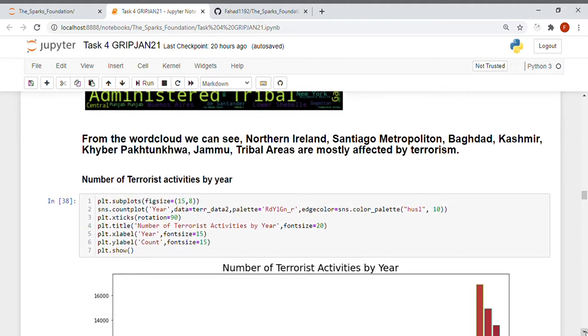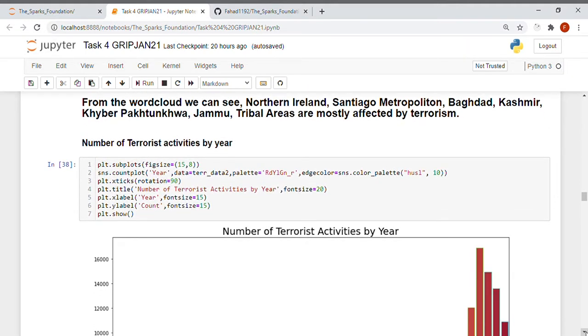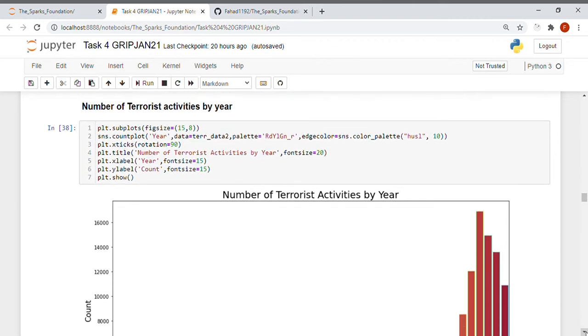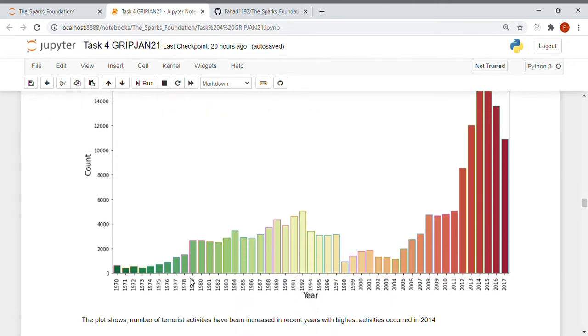Moving on to the next plot: number of terrorist activities every year. Here is the time series analysis. We can see the data from 1970 to 2017.